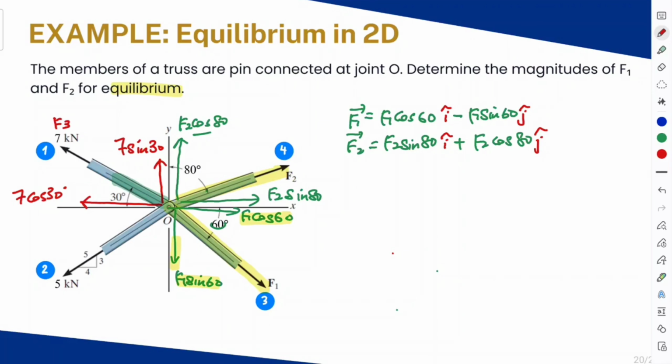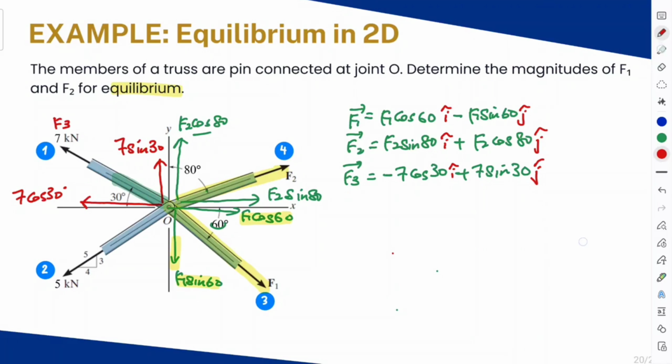So based on this combination, we can rewrite the vector form, by which F3 is equivalent to negative 7 cos 30, negative because it's pointing to the left, and this is in the direction of i hat, and the y component will be plus 7 sine 30, and this will be in the j direction.